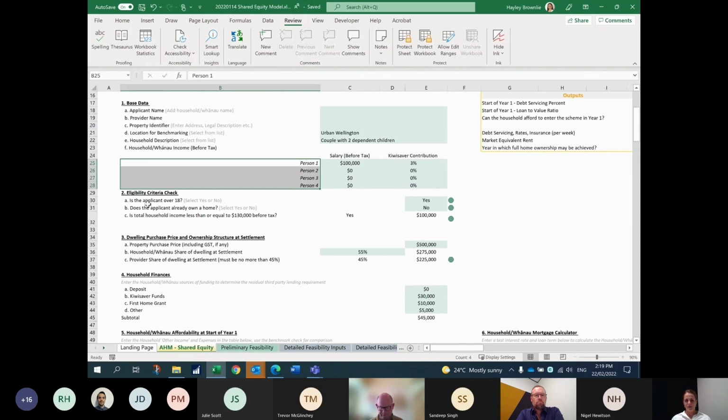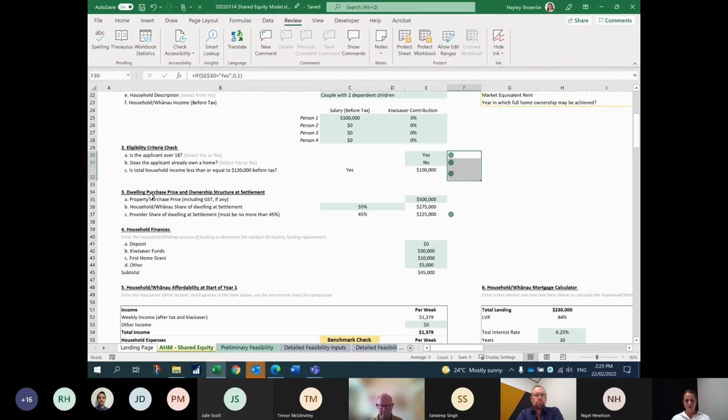We've got an eligibility criteria check here to check against HUD's criteria for entering the PHO scheme, and the traffic light here indicates, green indicates yes, they've met the criteria, red indicates no, they haven't.